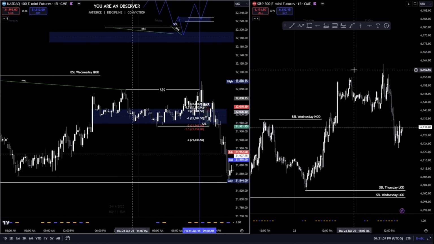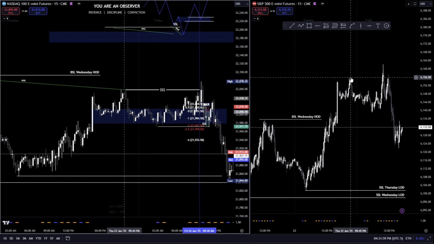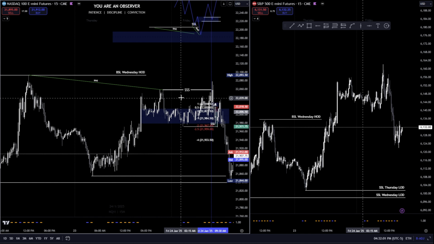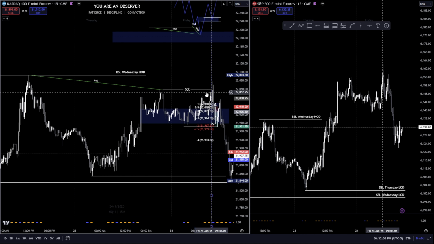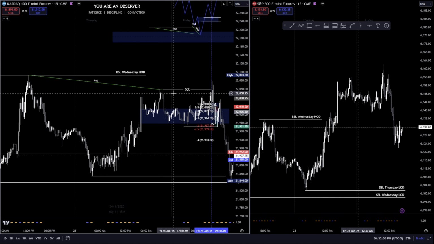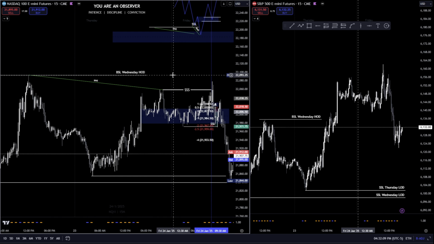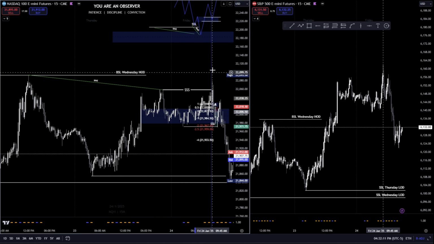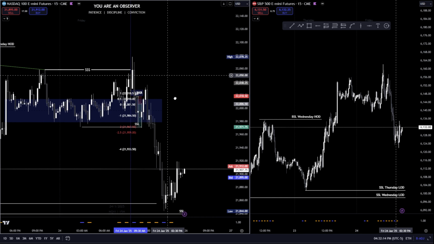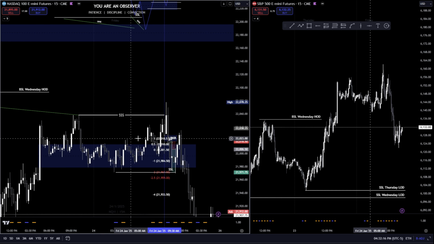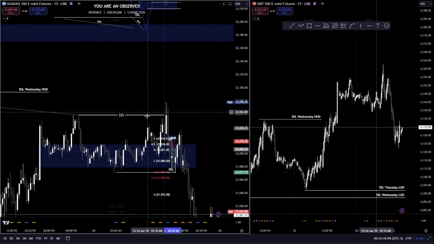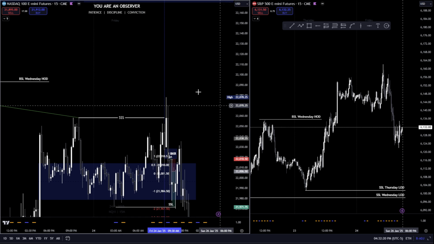But what actually happened is this was the high of Thursday over here, and then it got swept by both, but this was still in play. So this still means that this is a protected high at the end of the day, like we shouldn't displace all the way back up. So once we swept liquidity, caused a stop raid, turtle soup, we then displaced lower.